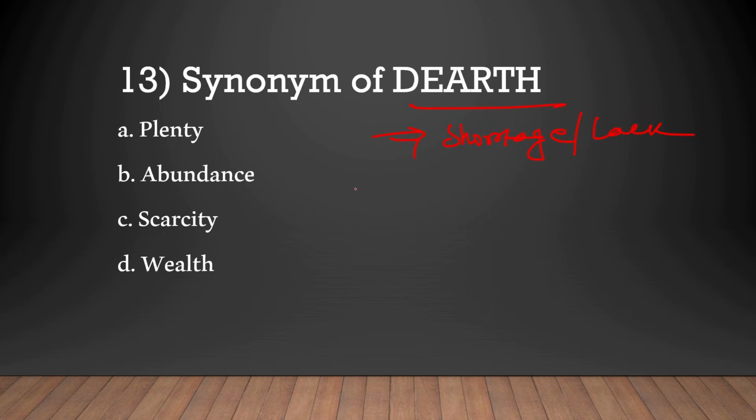Okay, so words like scarcity, insufficient, one kind of deficiency. Okay, so these are the synonyms of dearth. So look at the option C, that is scarcity. So the word scarcity also means a small supply or shortage of something.